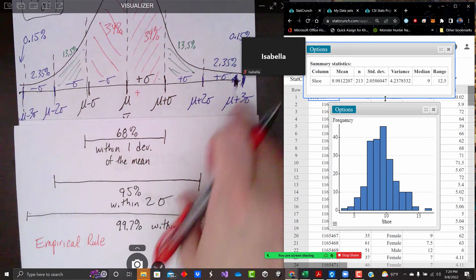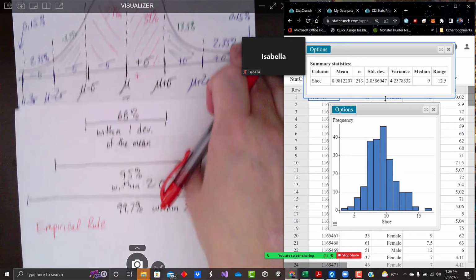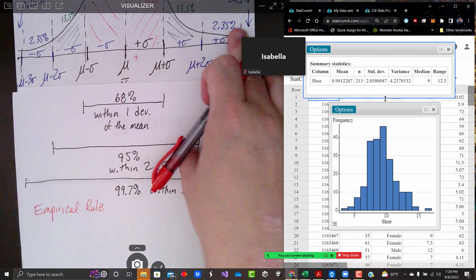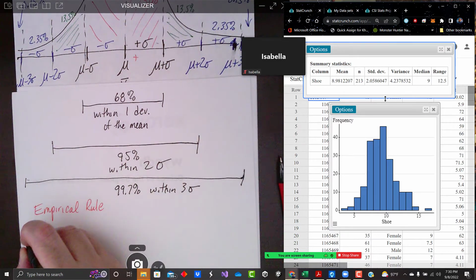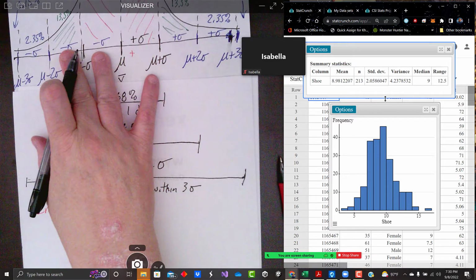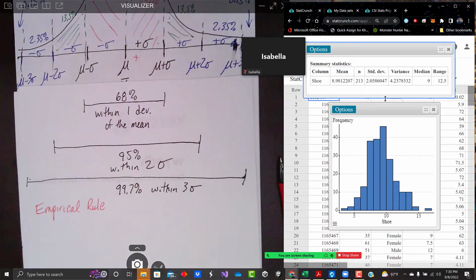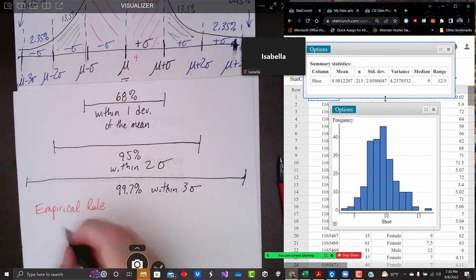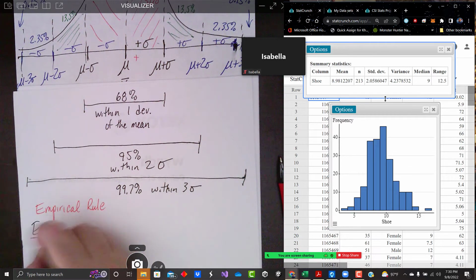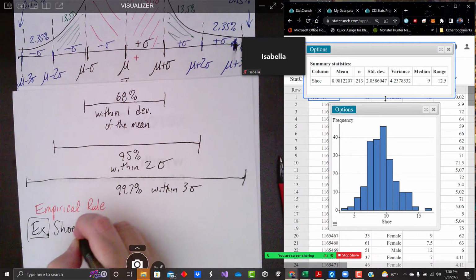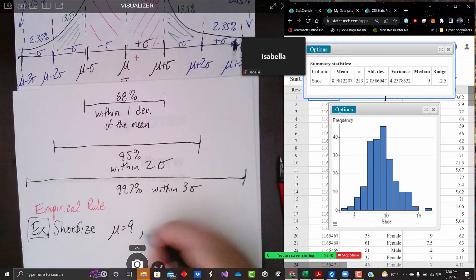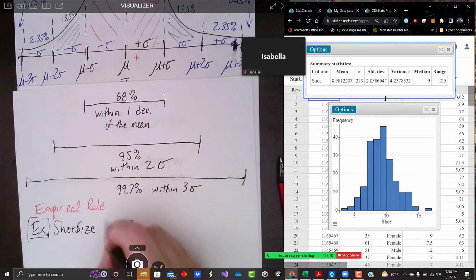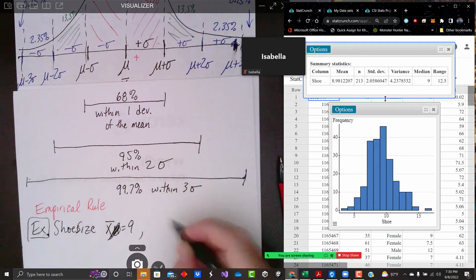And you will see problems where they'll do something like this on the test. So example, I'll use the shoe size one. Shoe size mean was 9. And well, this is not a population, this is a sample.